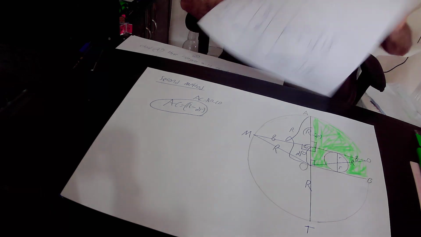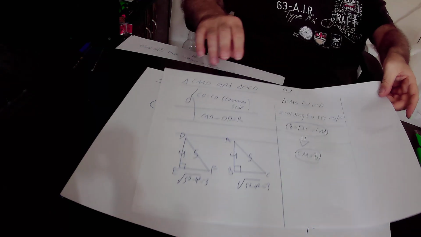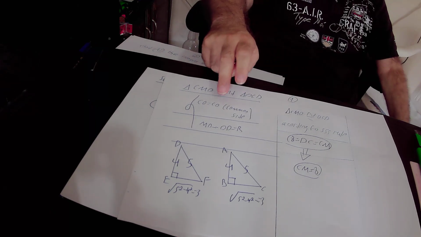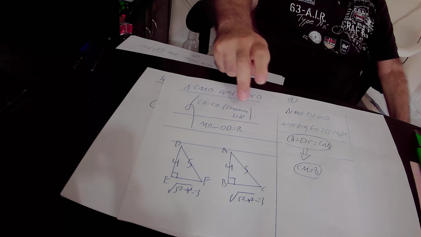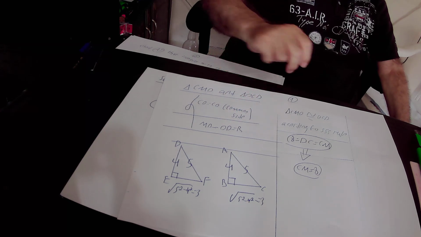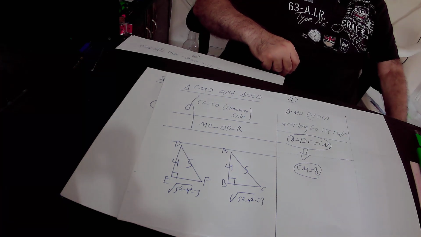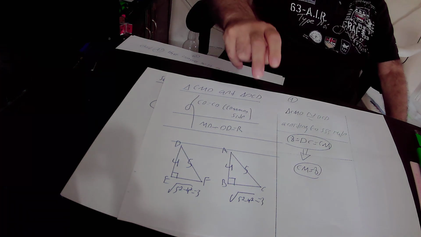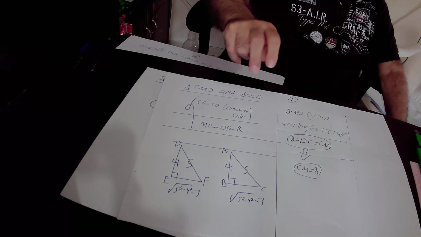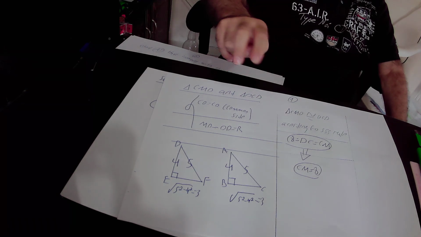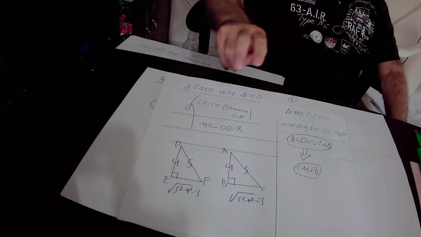Repeat again: CO equals CO is a common side, MO equals OD equals capital R, both radii of the circle. By proving that the hypotenuse and one perpendicular side in those two right triangles are equal, we actually proved that the two right triangles are congruent.